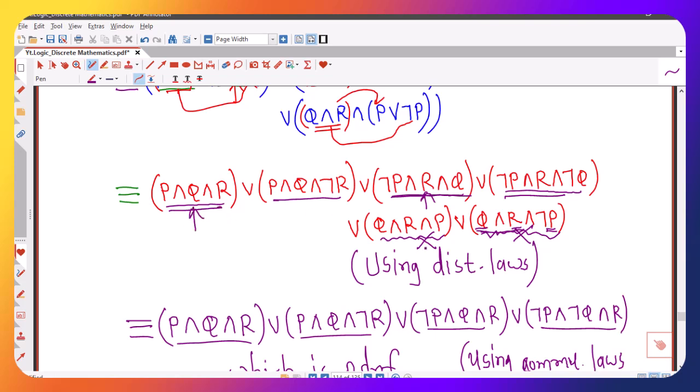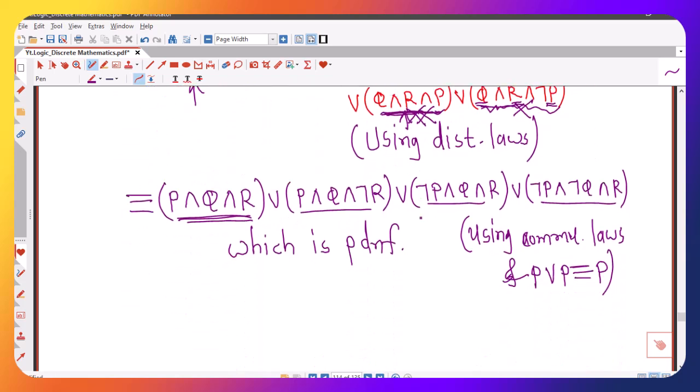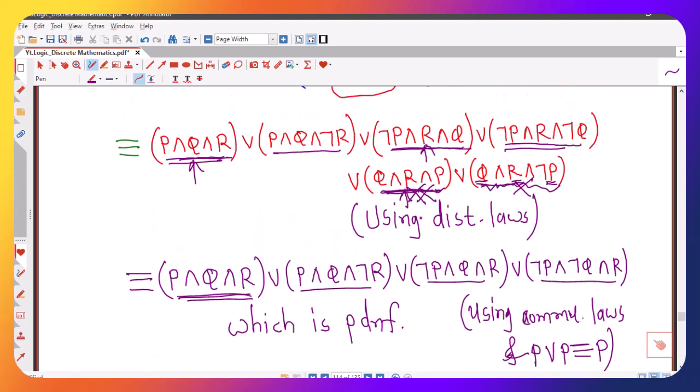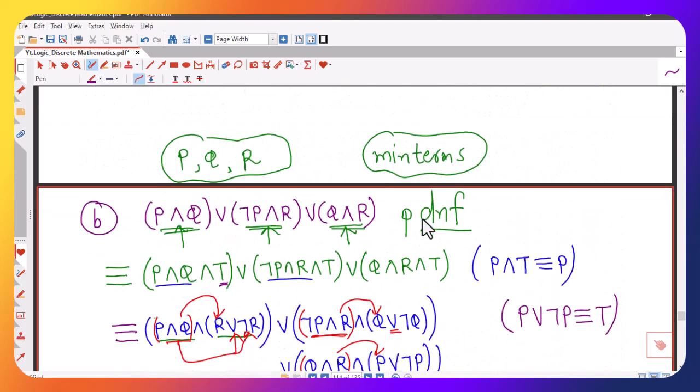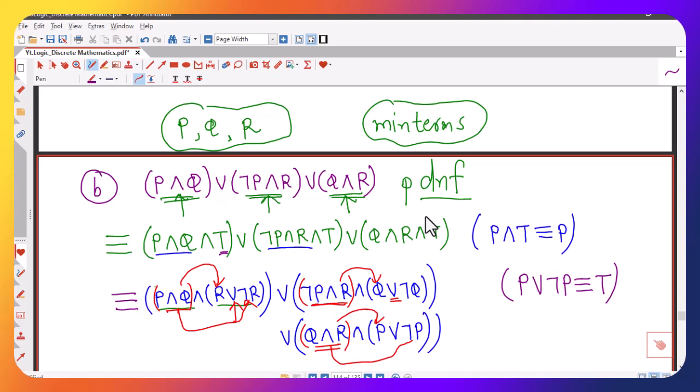P and Q and R, this is also P and Q and R using the commutative law. So we are using that fact here. P and Q and R or P and Q and R is logically equivalent to P and Q and R. Therefore we are not writing it two times. So this is the principal disjunctive normal form of a given formula containing three variables.